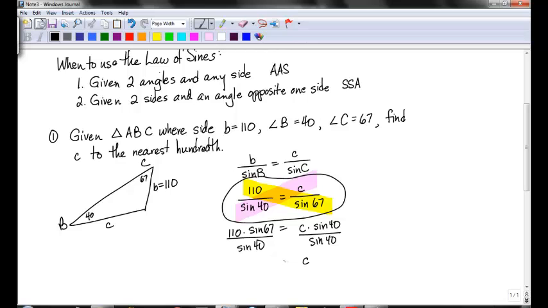Okay, and I get c is 157.525. So if that's 5 or greater, we're going to round that up. So 157.53 equals c. You agree with that? Yeah? Okay. Any questions on number 1 example?